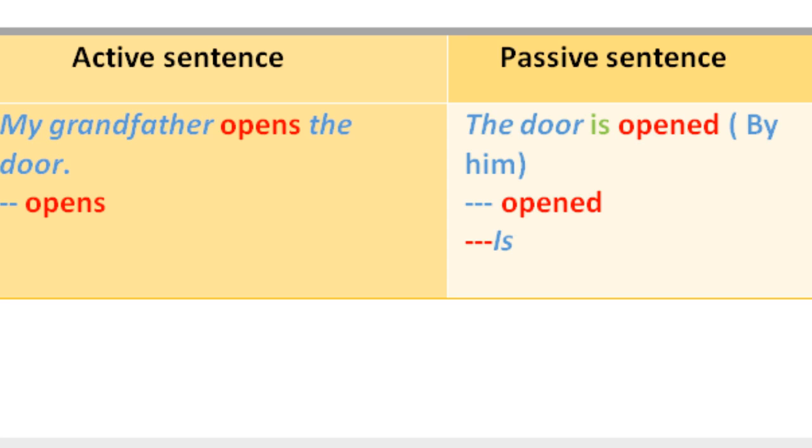It is very clear now, hopefully, the main differences between active and passive sentences. As you can see, "opens" becomes "opened", the past participle of open. And we also added another verb, which is "to be", "is". I'm going to show you more details in the next slide.